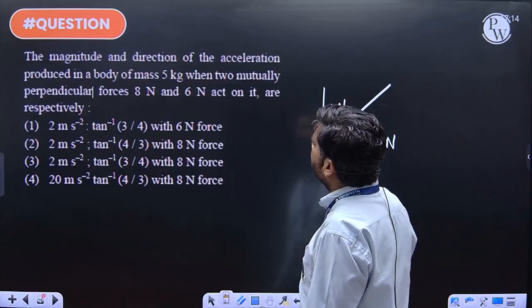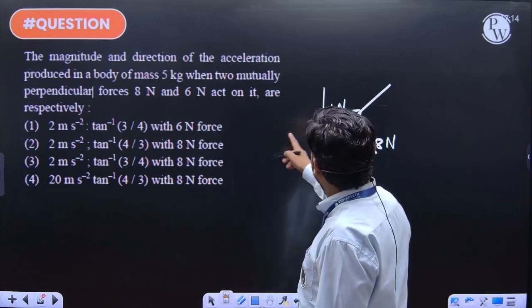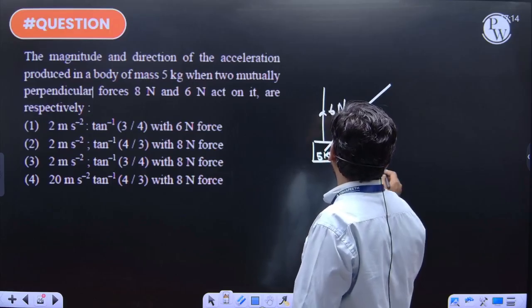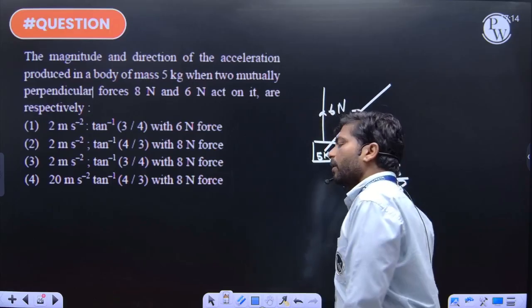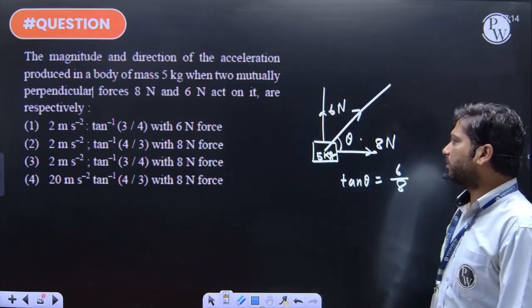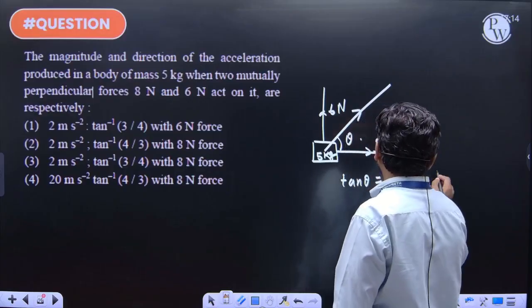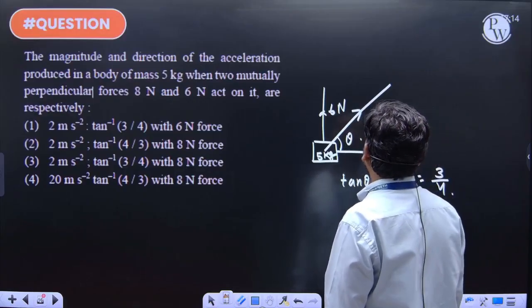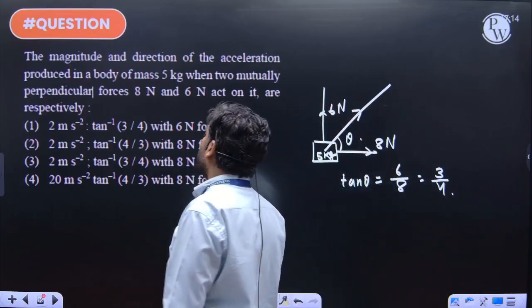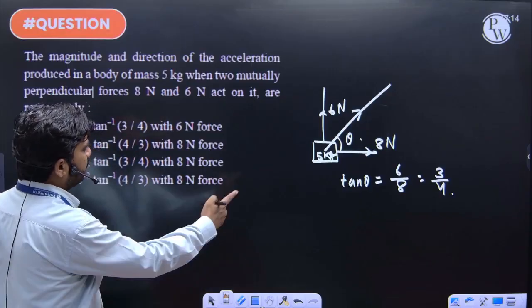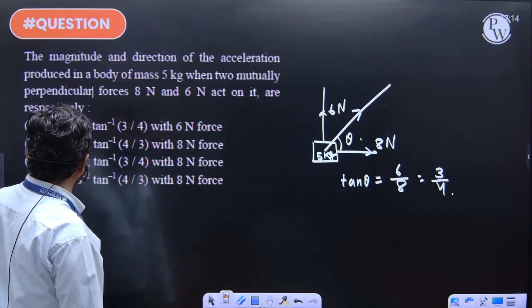If I write this angle as theta, then tan theta is equal to 6 by 8, with 8 Newton. So it is 3 by 4 with 8 Newton. Correct?